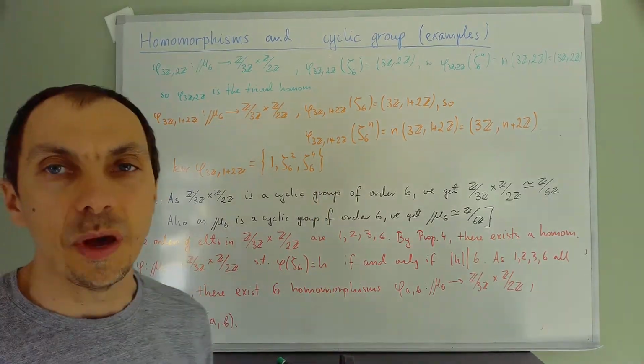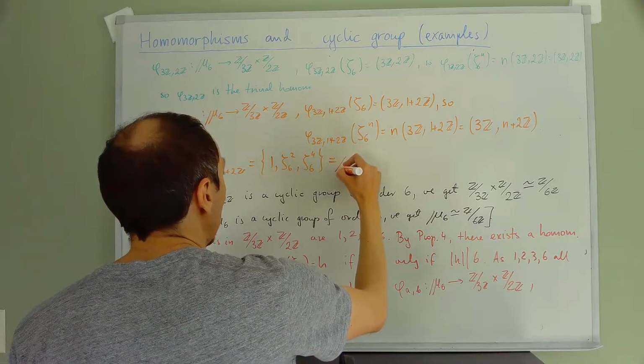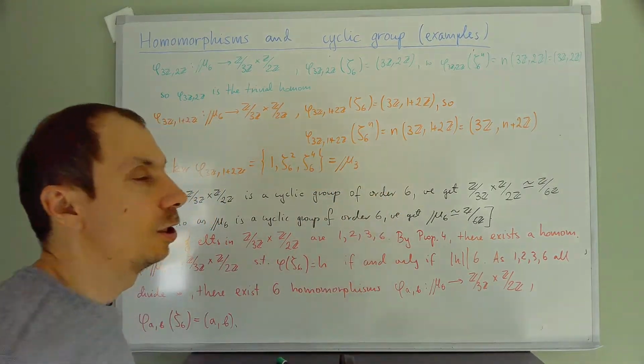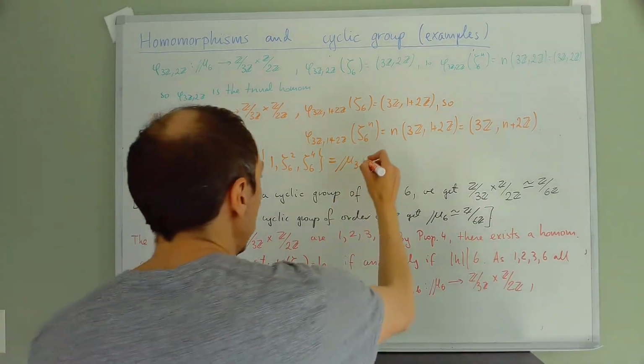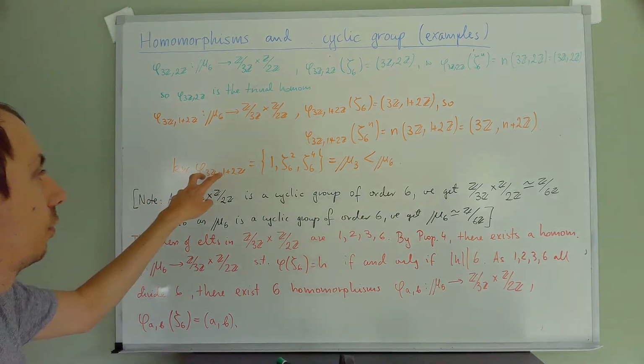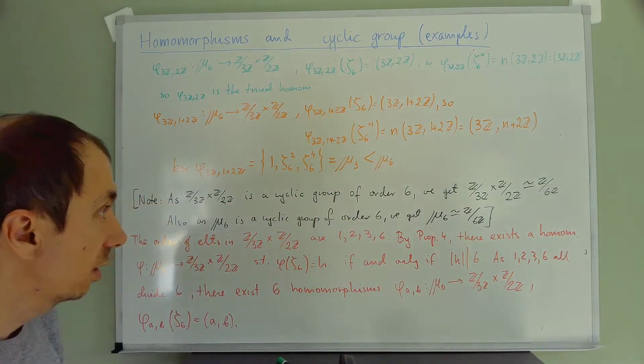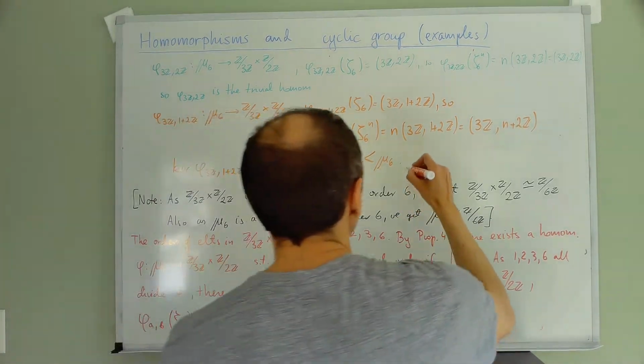Now, if you remember your roots of unity, you know that that's the same thing as mu3, the cube roots of unity, which is, by the way, a subgroup of mu6. So the kernel of this homomorphism is exactly the cube roots of unity that sit inside the sixth roots of unity. What's the image?